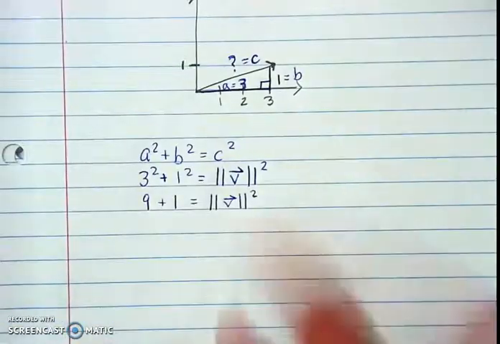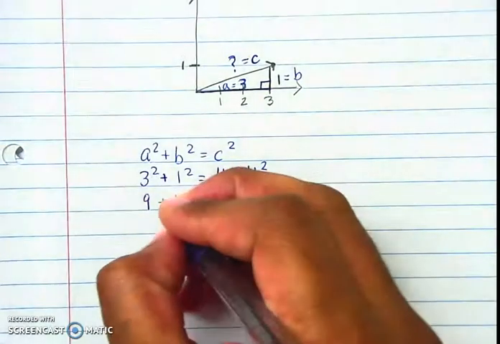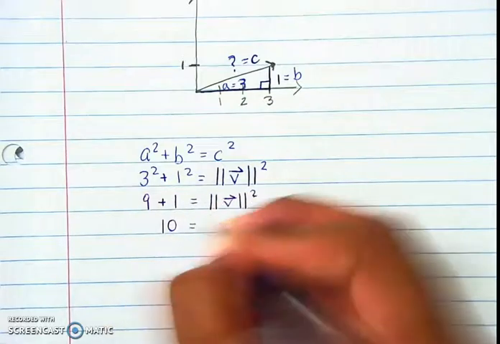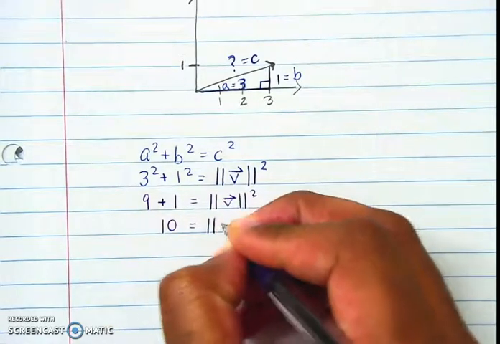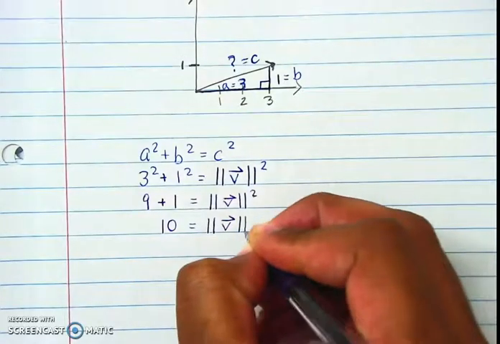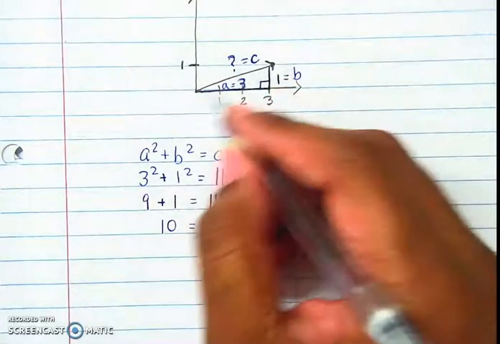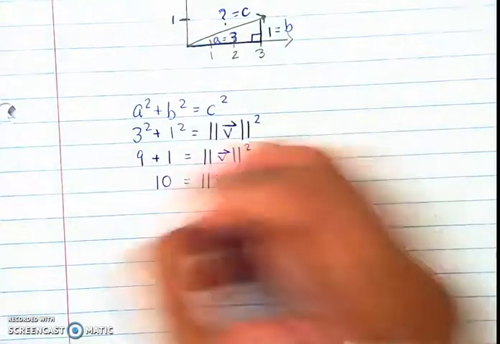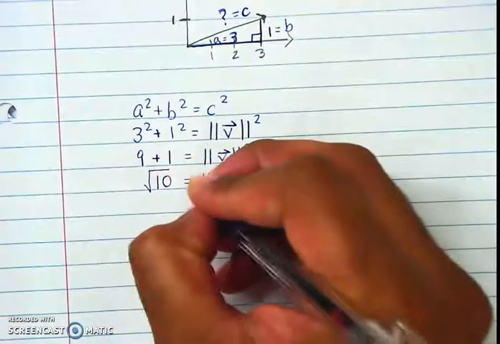Alright, so here we're going to go ahead and add these up, and we're working it out. And with this, we're talking about the length of the vector. So C is that length that we're trying to find, the vector length right here. So the magnitude. In order to get rid of this square, we have to take the square root of both sides.